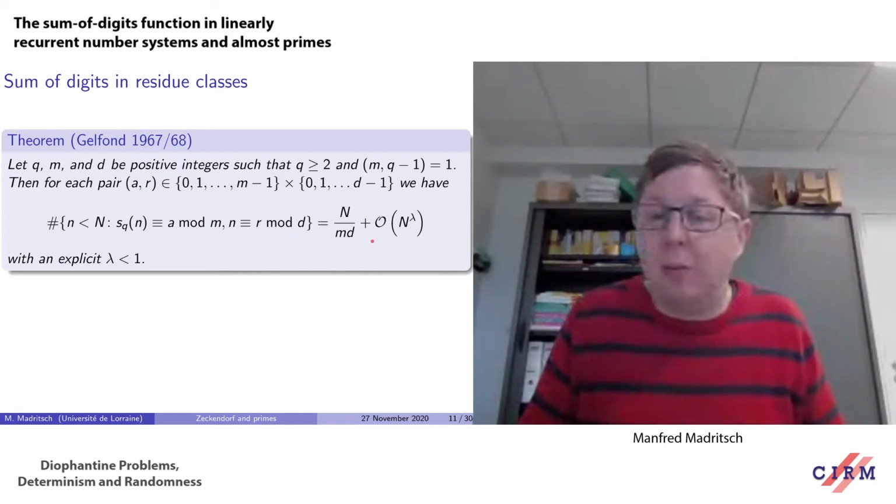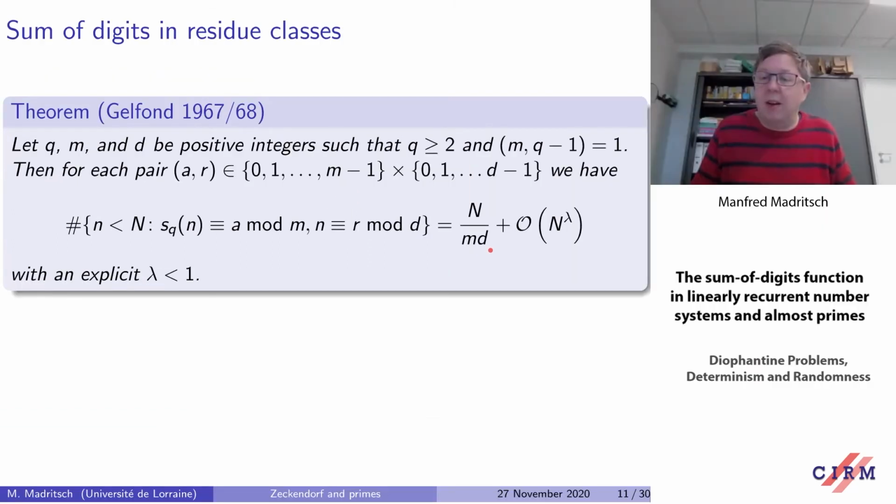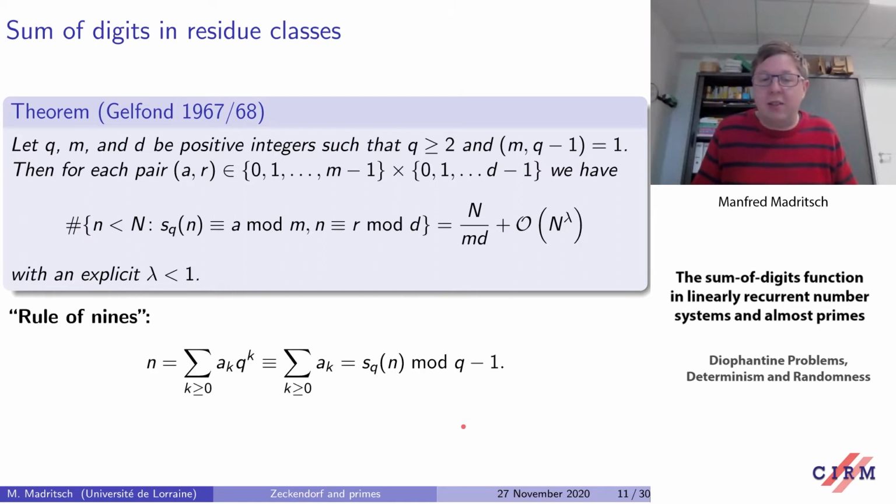In arithmetic progressions, you get that they are distributed in a uniform way in the residue classes. Here we have this strange condition, and the reason for this condition is not a topic of the function, but of the method.